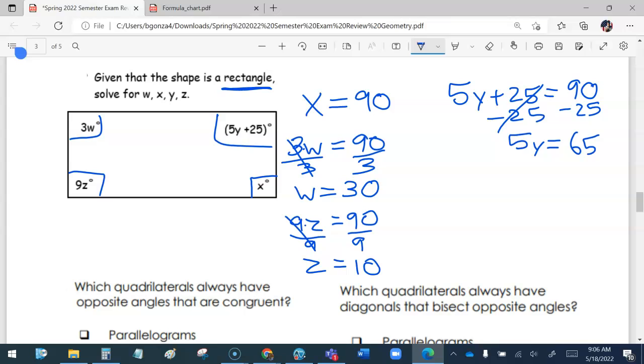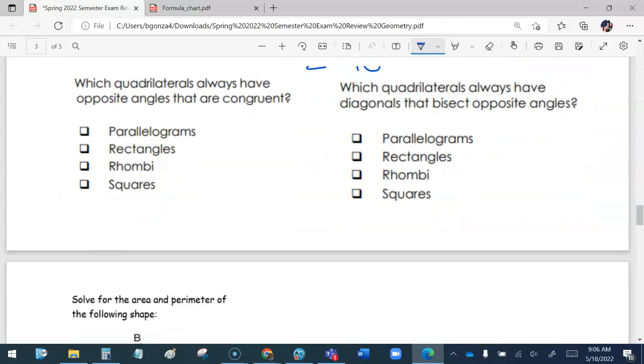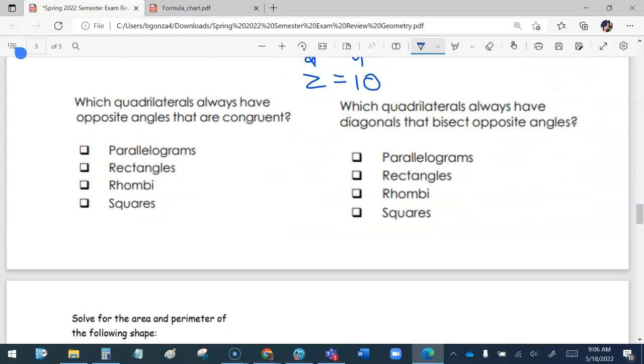All right, and then how do I get rid of the 5 in front of y? Well, it's being multiplied, so I'm going to divide by 5. 65 divided by 5 is 13. Okay, very good.